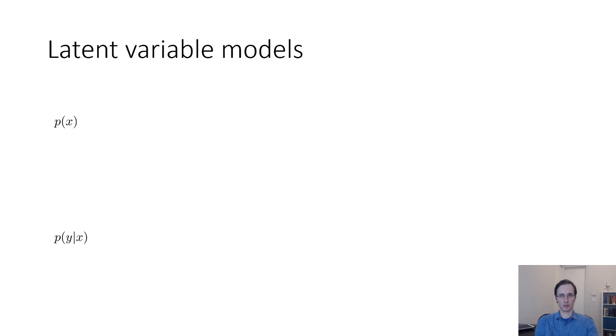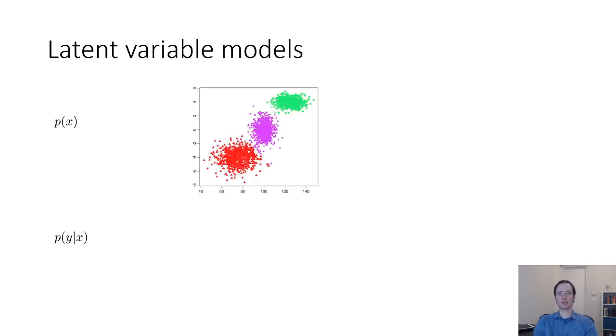A very classic example of a latent variable model that people use to represent P of x is a mixture model. So in this picture, we have data that is organized into three very clear clusters. Now, a priori, we're not told what those clusters are, so the clusters here are color-coded, but the data is not actually color-coded.